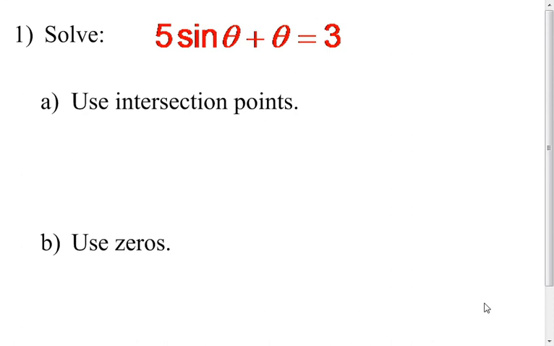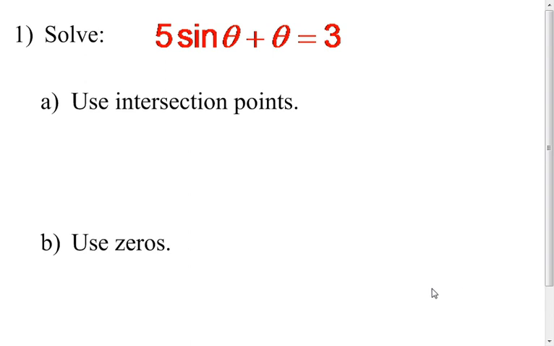Okay, so first of all, it says to solve 5 sine theta plus theta equals 3. I'm going to show you a couple of different ways to do it. One of them is to use intersection points, and the other way is to use zeros. Most of you will do the zeros way, but I'm going to just quickly show you the intersection points.